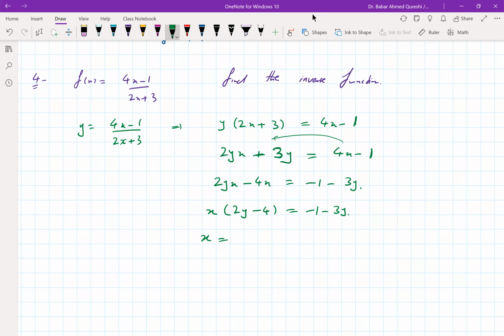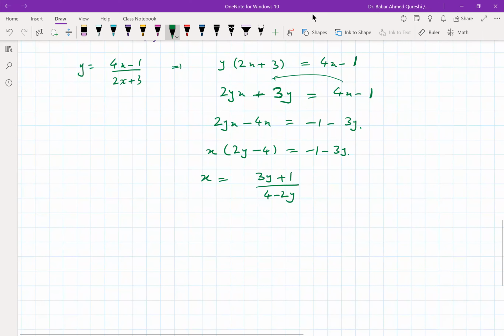So x is (3y plus 1) over (4 minus 2y). And that's the inversion. That means I can interchange them now.